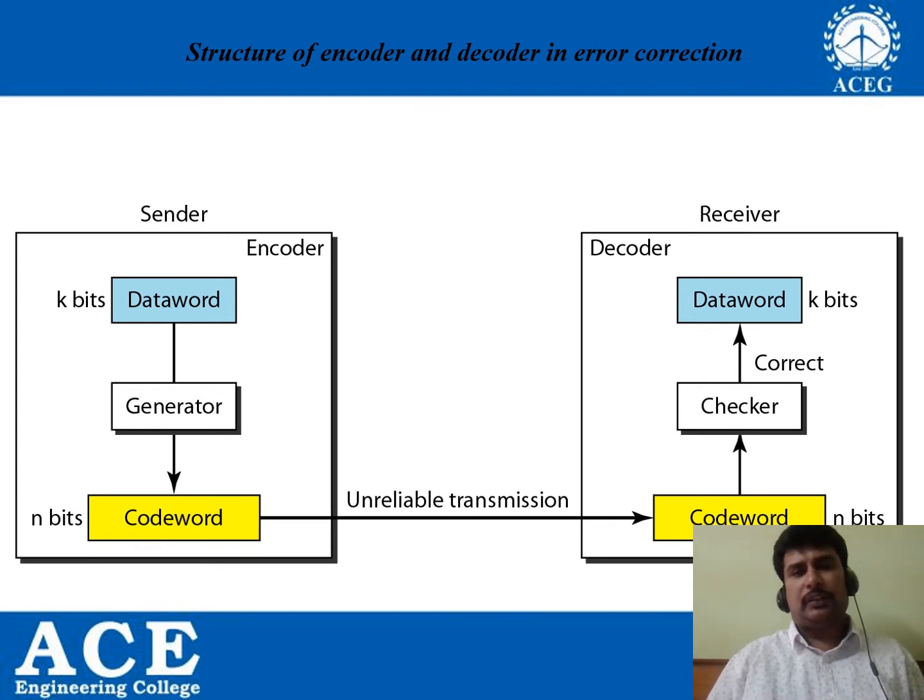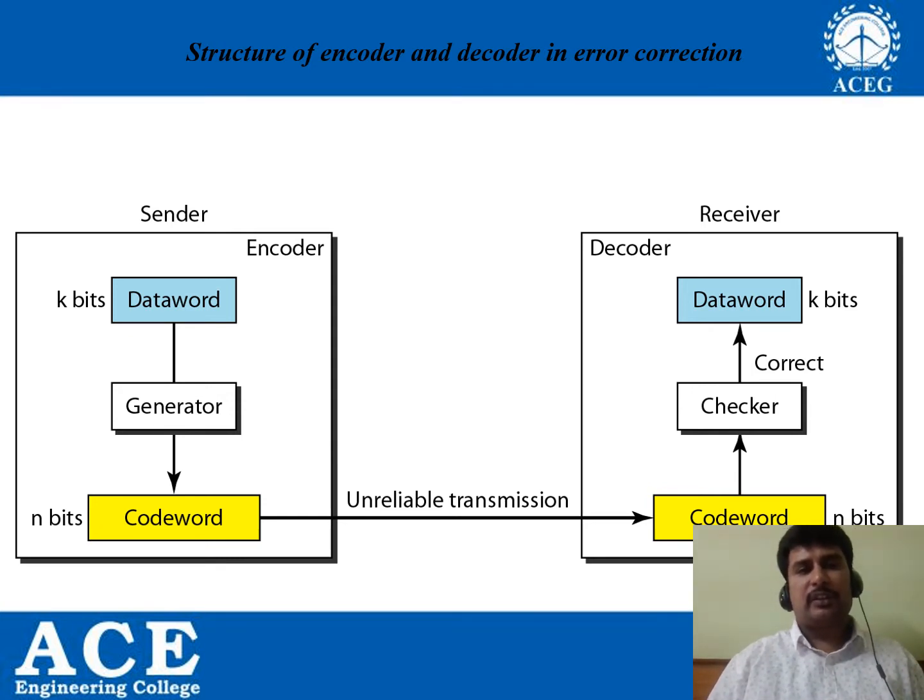We discussed here the total message to be transmitted is divided into smaller units called blocks, and the data is referred to as data word, and to that data word, which is of k bit length, we are going to add r bits of redundancy bits and transmit the k plus r bits, which is equal to n, which is the length of the code word. So code word is a combination of data bits and redundancy bits.